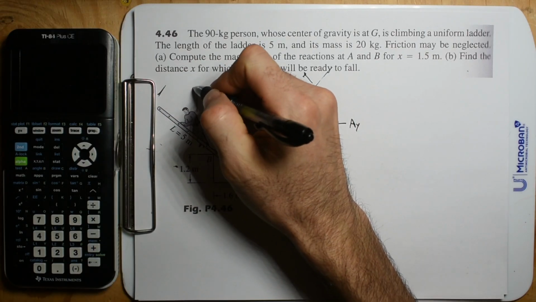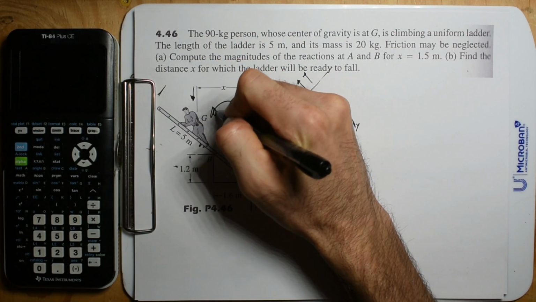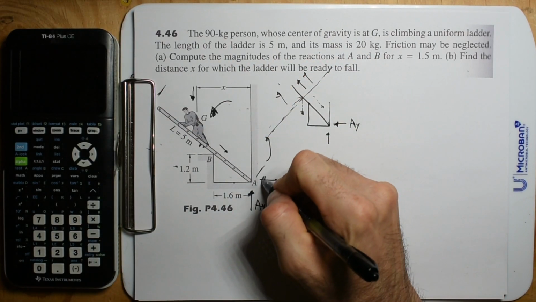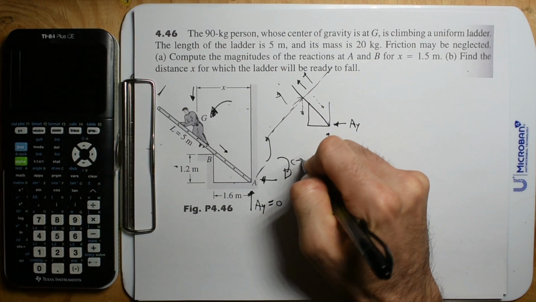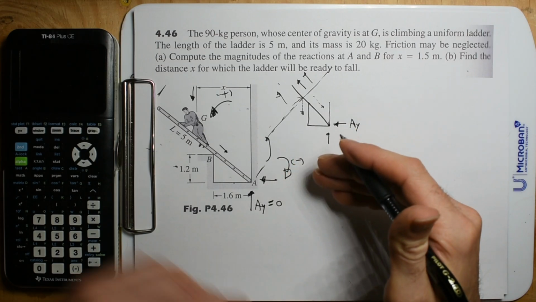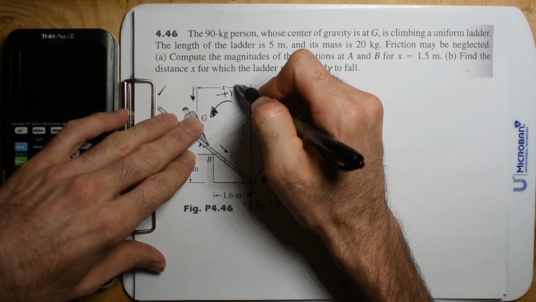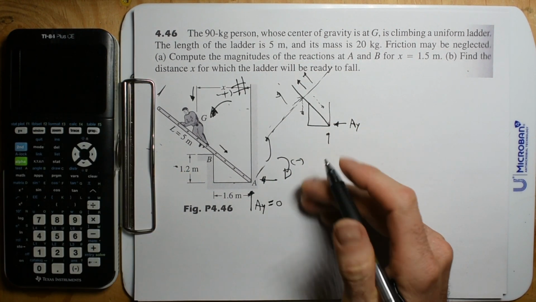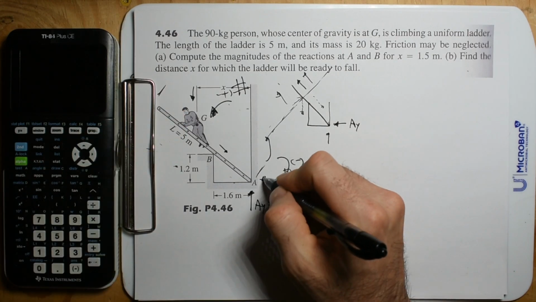But what's happening is this weight over here is providing a larger torque in this direction, where this force in this direction is providing that opposite, negative torque. At that point, those are not going to be balanced. This is going to be a bigger number than this. It is not going to be 0.